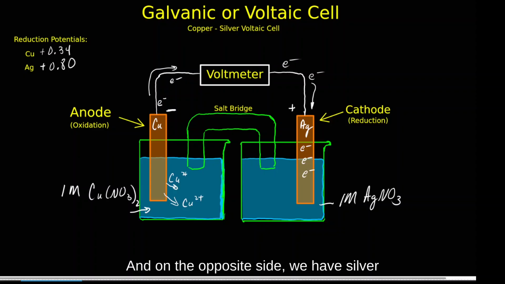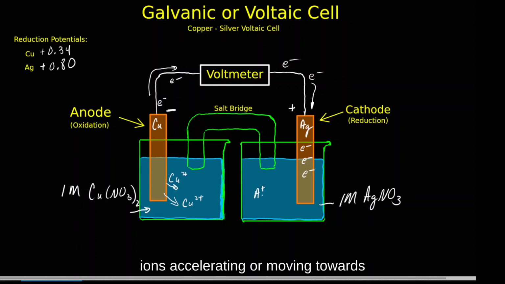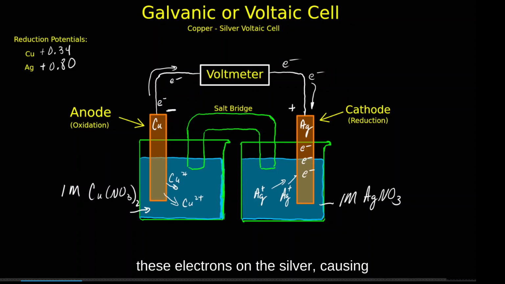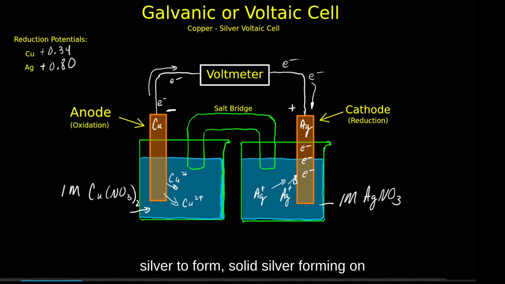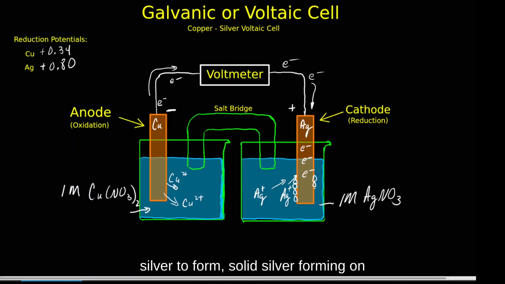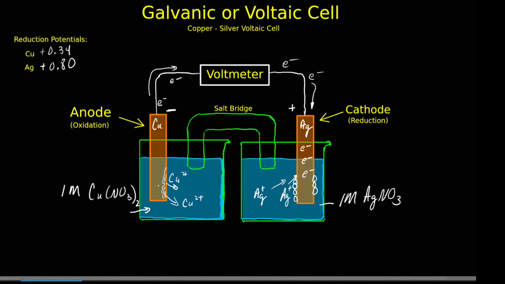And on the opposite side, we have silver ions moving towards these electrons on the silver, causing solid silver to form on the cathode.